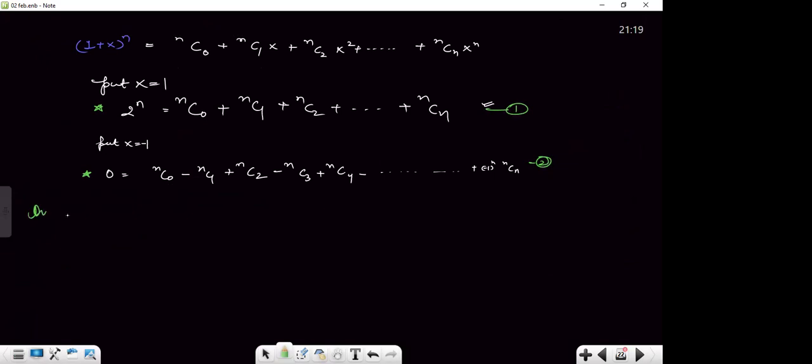Okay, on adding the equation 1 and 2, what we will get is twice of... 2 raised to power n is equal to twice of all the even terms.